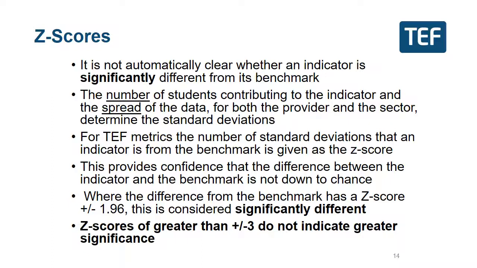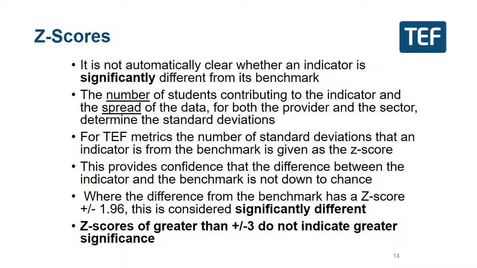We use two different Z-score values to generate flags. Where the difference between the benchmark and an indicator generates a Z-score of plus or minus 1.96, then we say it's statistically significant, and that is testing statistical significance at the 5% level. There's then a further test as to whether the Z-score is plus or minus 3 to get a double flag, and I'll talk more about these in a second.